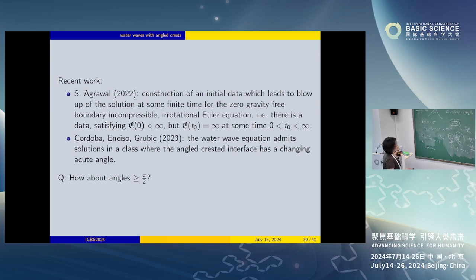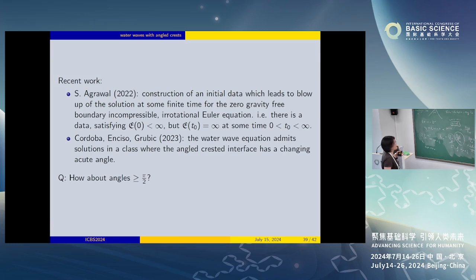Siddhant Agrawal constructed a class of energy. This energy is almost equivalent to the energy we were using, similar but rearranged, and with a contradiction argument he can show that there are solutions which have finite energy and become infinite at some time.